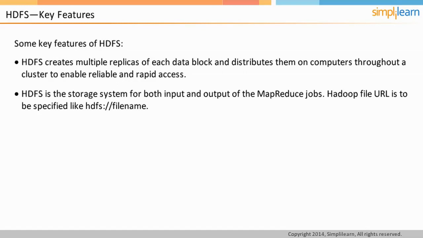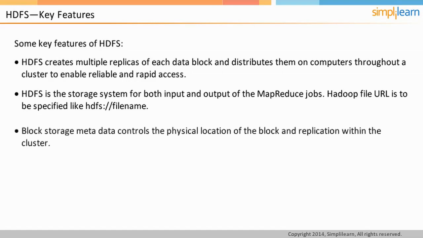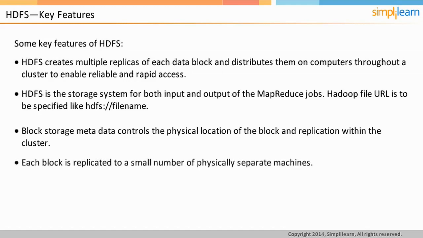The file system can be accessed by using the HDFS protocol to perform I/O operation on the file which is stored in HDFS. Block storage metadata controls the physical location of a block and its replication within the cluster. Each block is replicated to a small number of physically separate machines. For example, 3 machines. However, the count can be modified by the administrator.